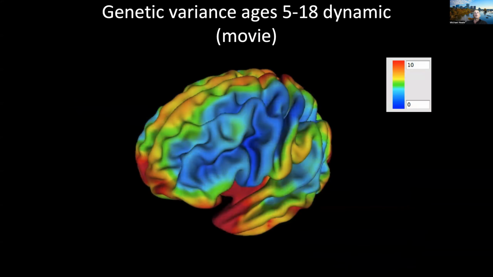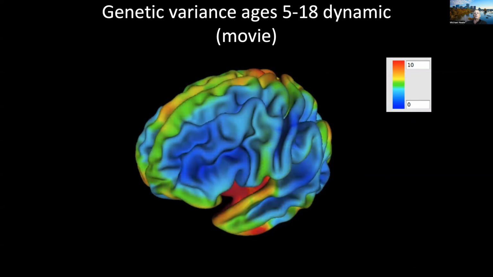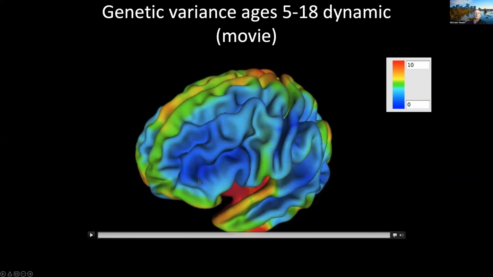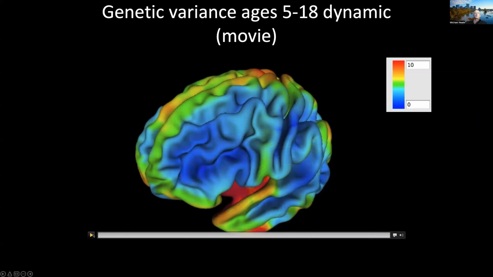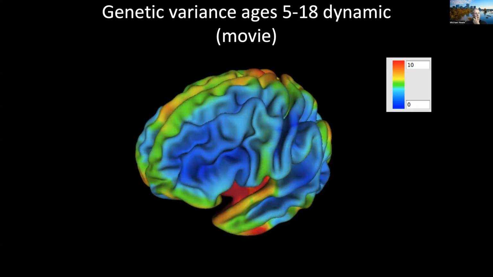And similarly, if we look at the genetic variance, another thing that we can do with the output from this type of modeling exercise is to put together a movie showing the change in heritability over age. And in this case, it's just a change in genetic variance, which is distinct from the heritability.